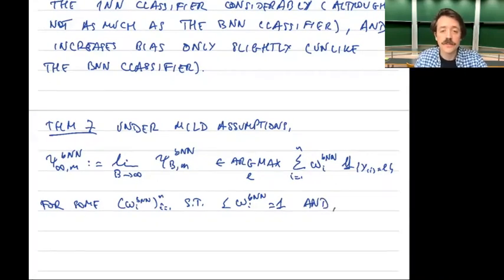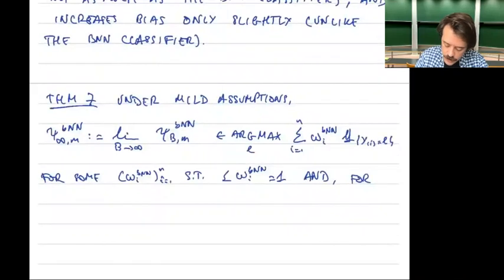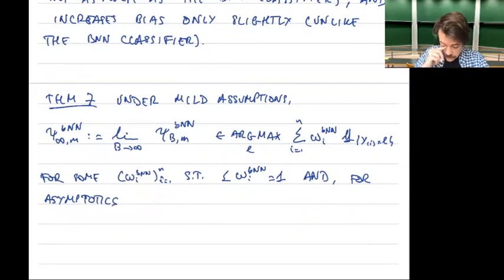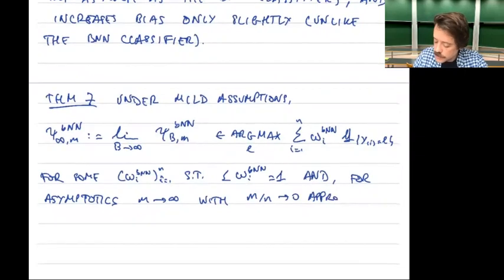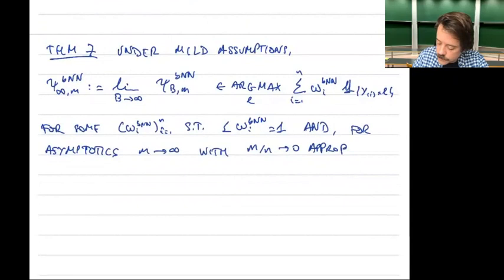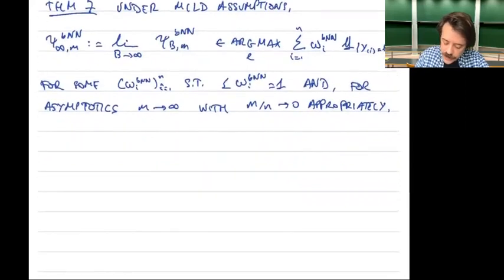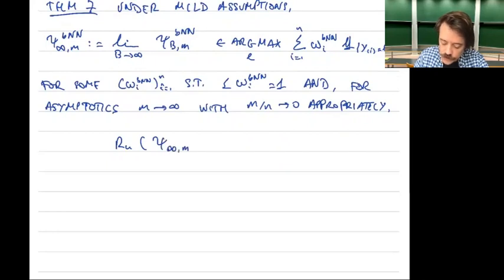Okay. And the other thing we can say in the theorem is that for asymptotics in which m goes to infinity with m over n going to 0 appropriately, so not for any, but just for some sequences satisfying this, we have precisely what I mentioned earlier, which is that we have some control of the risks.